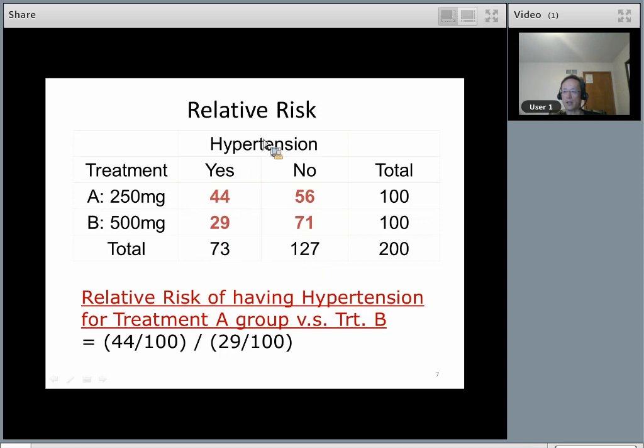So the relative risk is defined by the ratio of two conditional probabilities. In this case, we have 1.52 if you take this ratio. So this tells us if you take treatment A, your risk of having hypertension is about 1.52 times that of taking treatment B. Okay, but you have to be careful now, right?